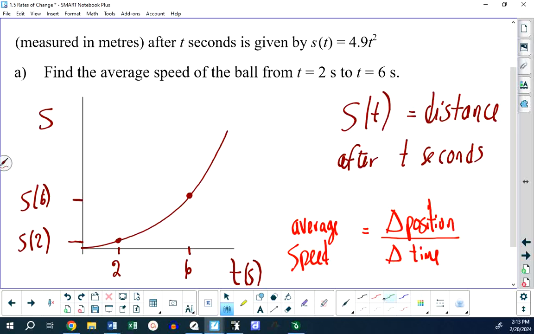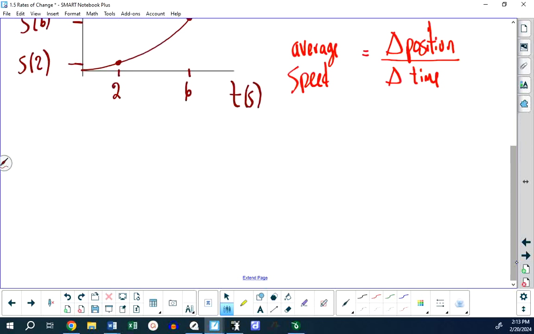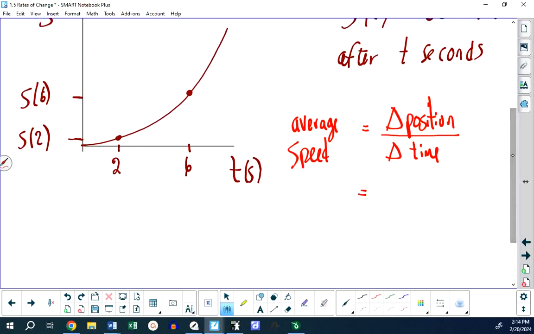And none of this should be mind-blowing to you. But your change in time will be the 6 seconds minus the 2 seconds. So if we write that out, our average speed will be s of 6 minus s of 2 over 6 minus 2.